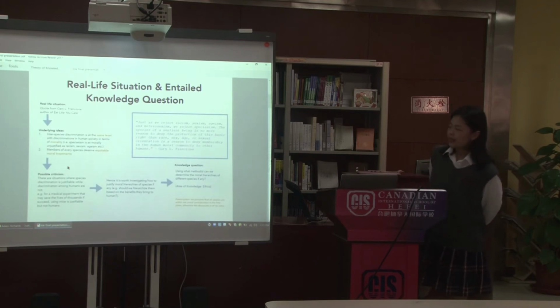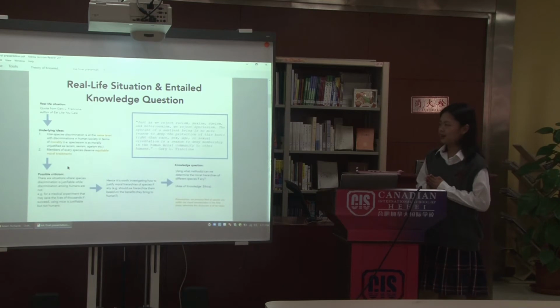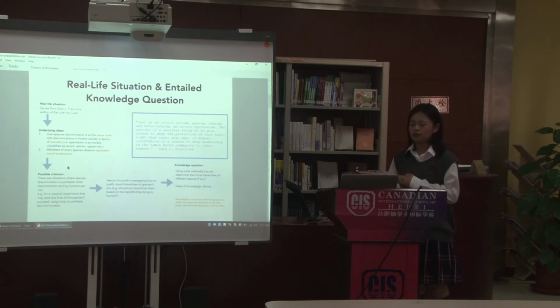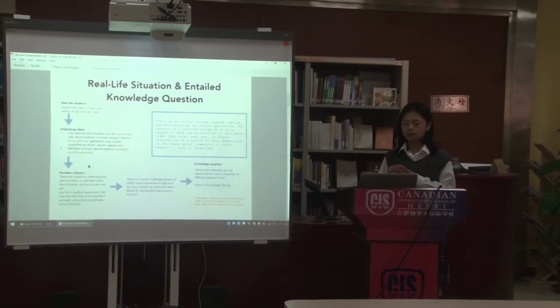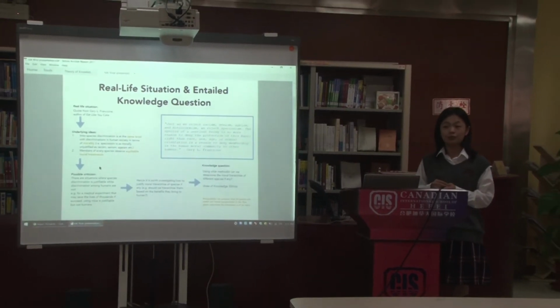If we step back from this stance and look at the opposite side, one of the major criticisms is that there are situations where species discrimination is justifiable, while discrimination within humans is not. For example, in medical experiments that could potentially save the lives of 1,000 people, it would be justified to use mice but not humans.